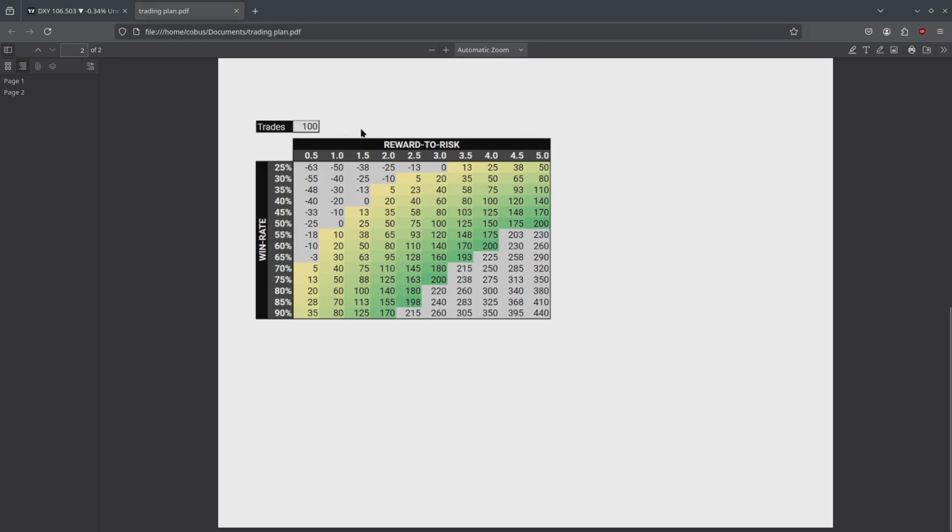And shooting for 1 to 1.5, notice that now, if you are 45% profitable, you make 13% return. Looking at 1 to 2, 35% profitable and you make 5% on the account. 40% profitable, you make 20% on the account.